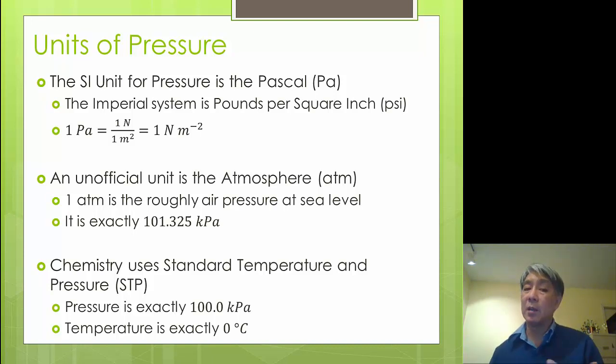So we'll see kilopascals quite frequently because air pressure is actually pretty high. Back in chemistry, you may have seen the term STP for standard temperature and pressure. In this case, pressure was defined to be exactly 100.0 kilopascals and the temperature to be exactly 0 degrees Celsius.